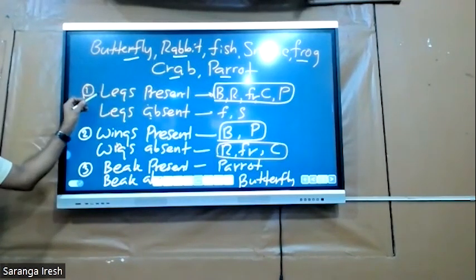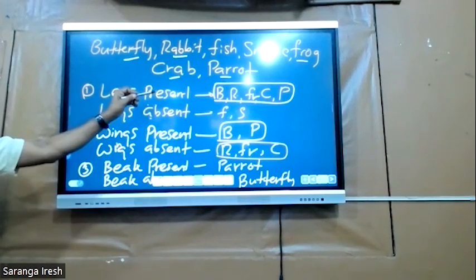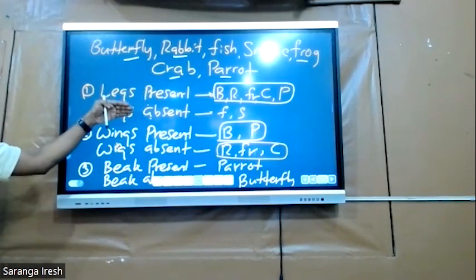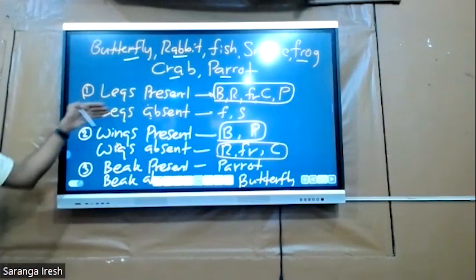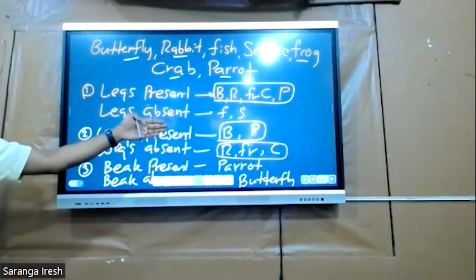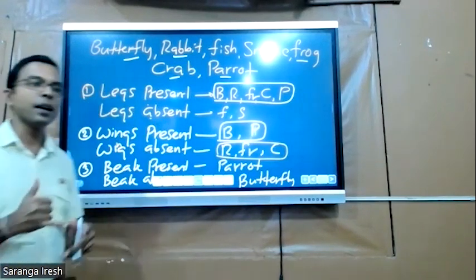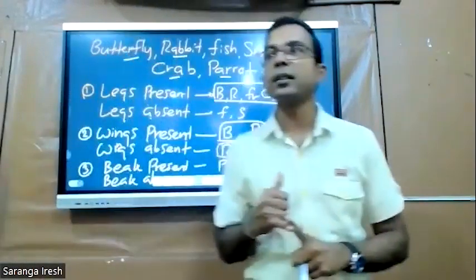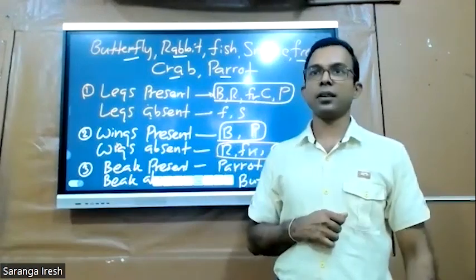If I select one statement as something present, the other one should be the opposite of that, like wings present, wings absent.